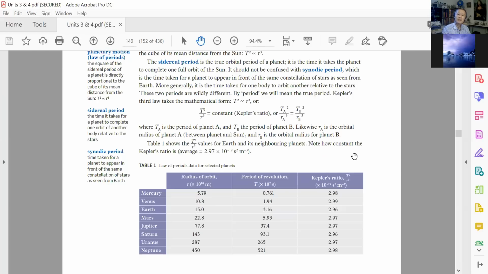Do you remember last time we just solved the binary star, right? So this is similar. Do you think Kepler's third law can be applied to the binary star?